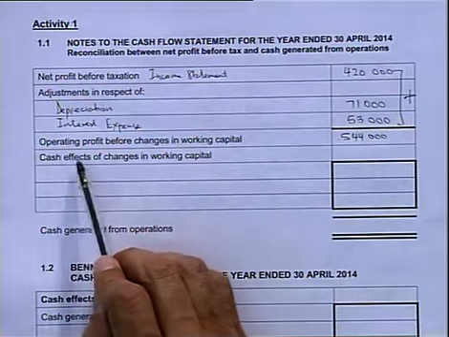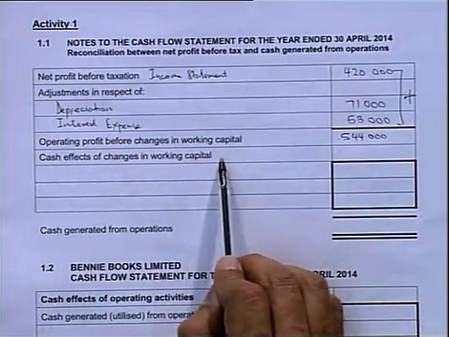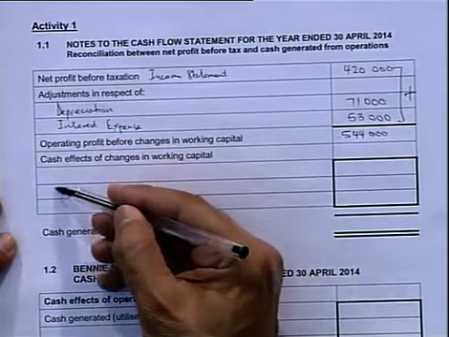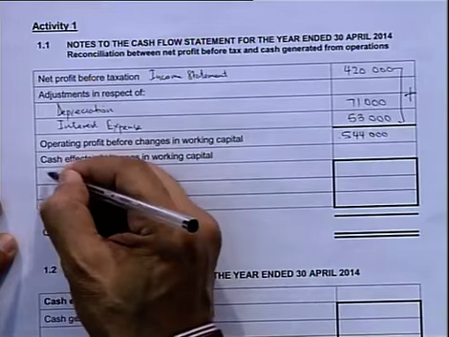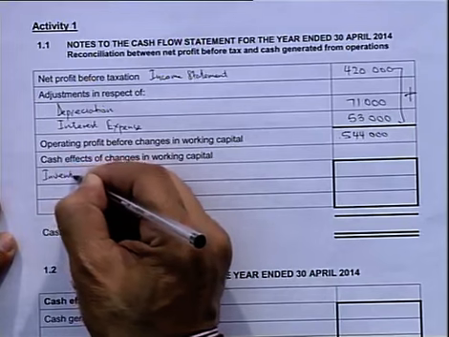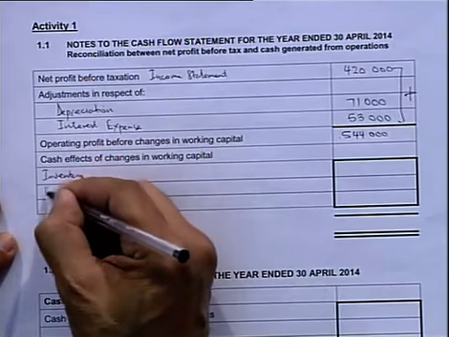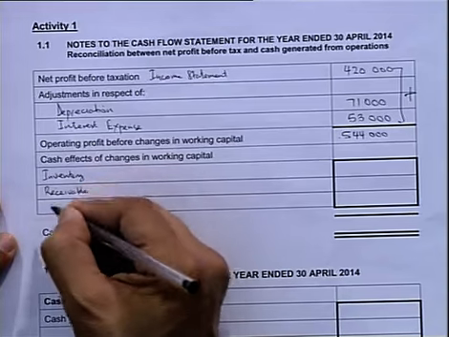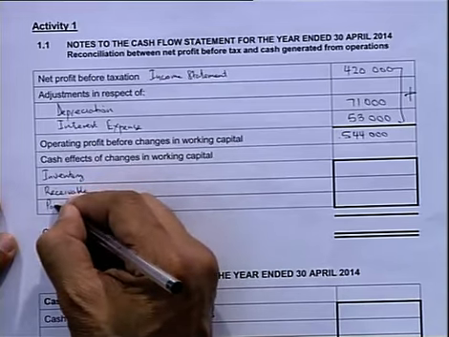Next line says cash effects of changes in working capital. So for working capital, there will be three lines. We will call it changes in inventory, changes in the receivables, and changes in the payables.